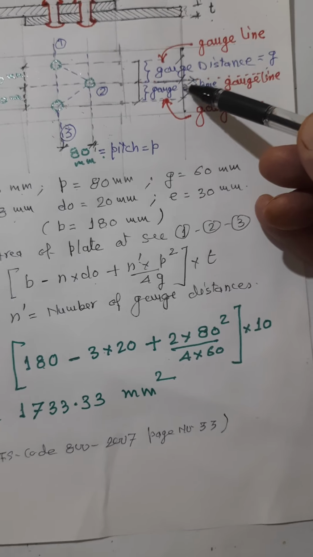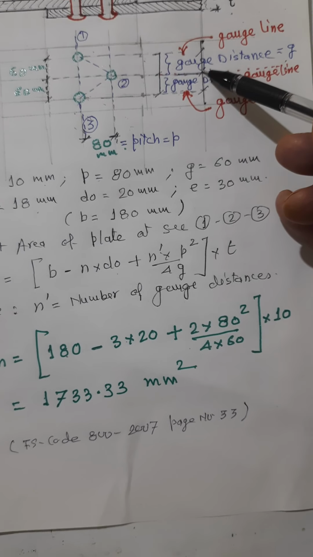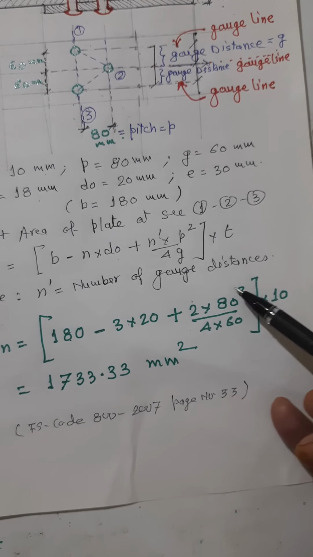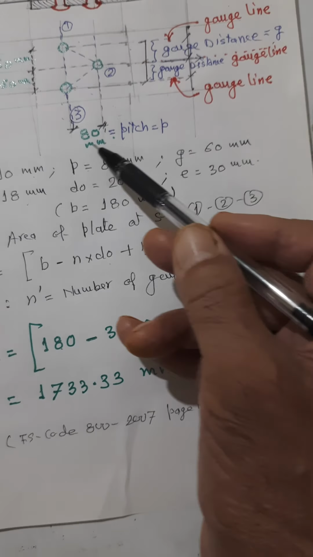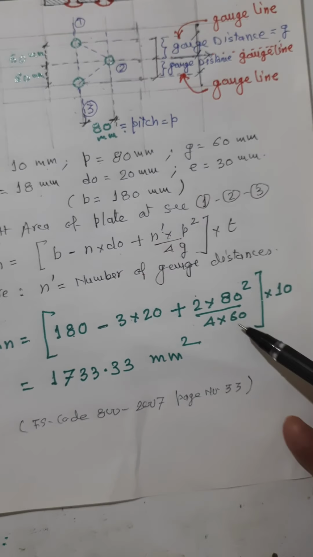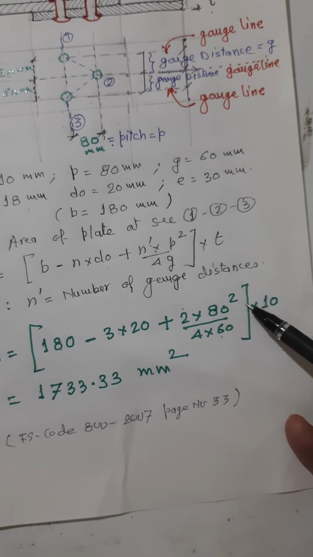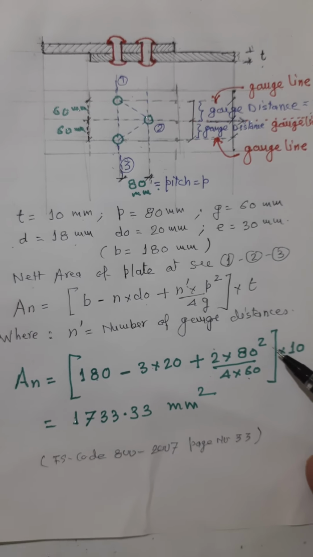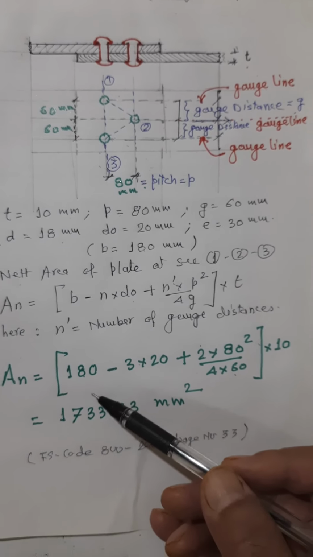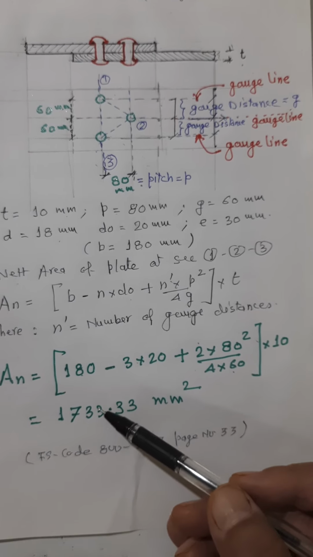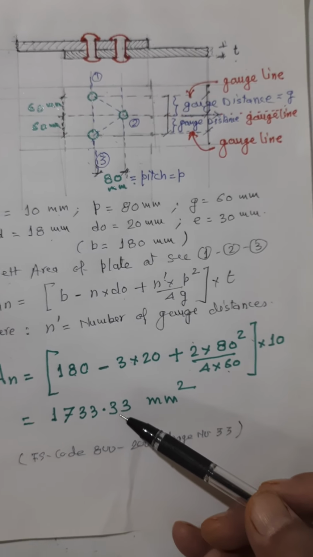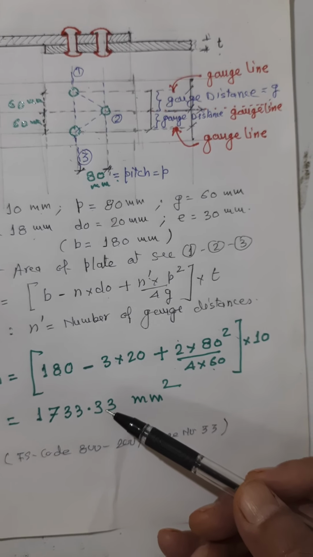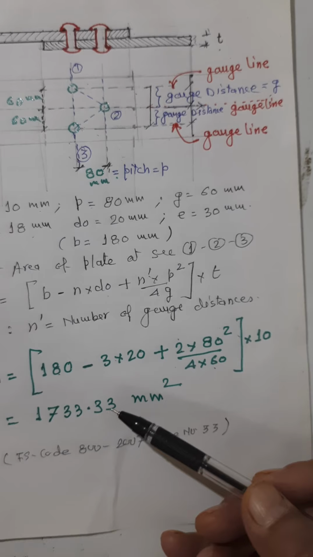This is one gauge distance and this is another, so there are two gauge distances. That's why n dash is equal to 2, p square upon 4 times g, multiplied by the thickness of the plate, that is t. And straightaway we can calculate that the value comes out to be 1733.33 mm square.